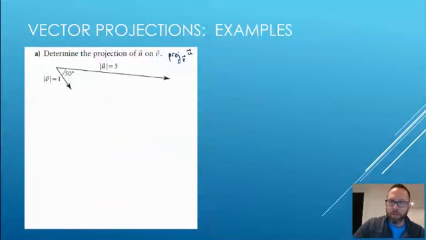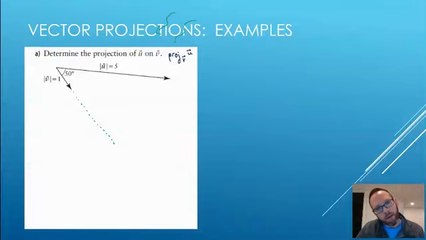But let's do a couple examples here. We're projecting onto vector v. It's a tiny vector. So what I might suggest for this one is maybe just do a little dashed line to extend v. And then we're imagining our light source coming in from this way, casting a shadow onto v. And so drop a little perpendicular there.